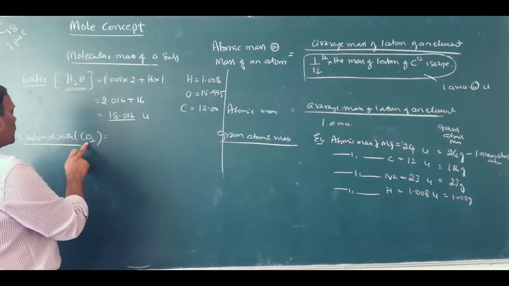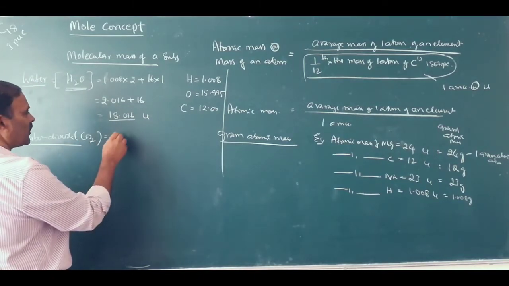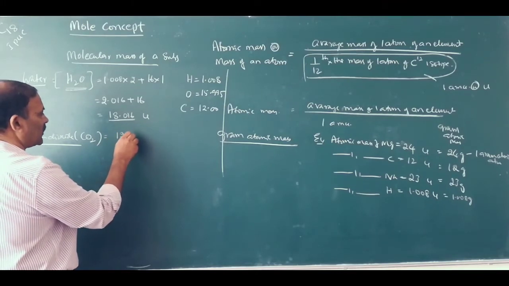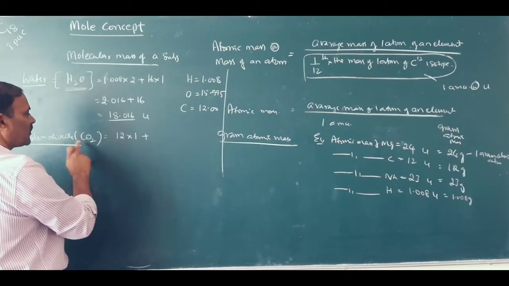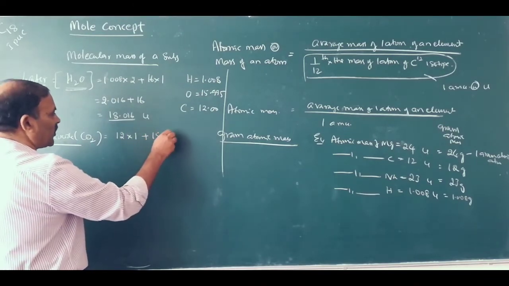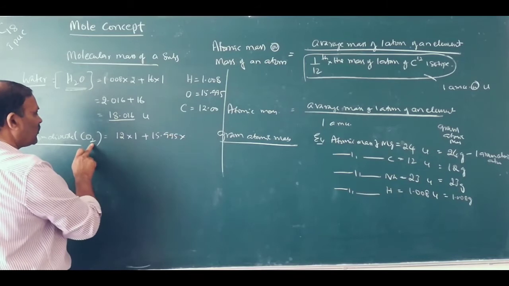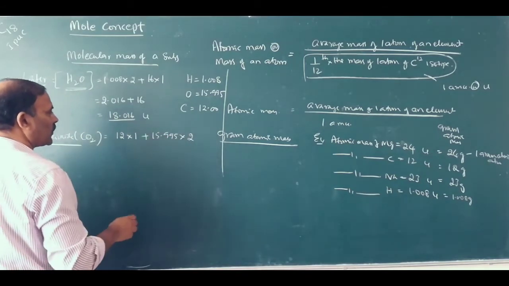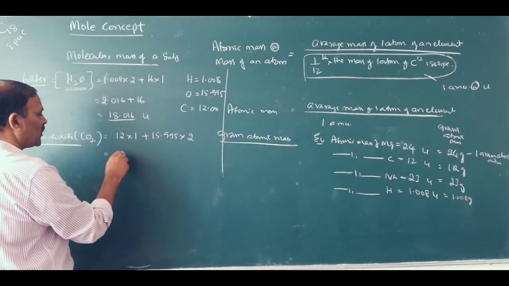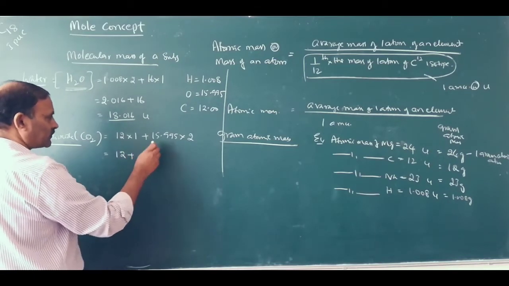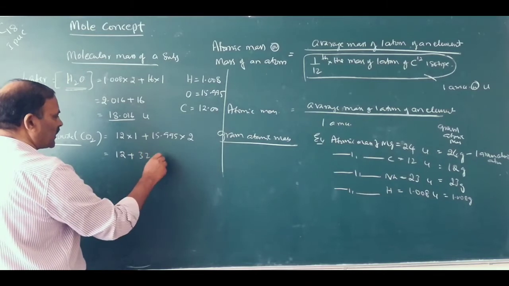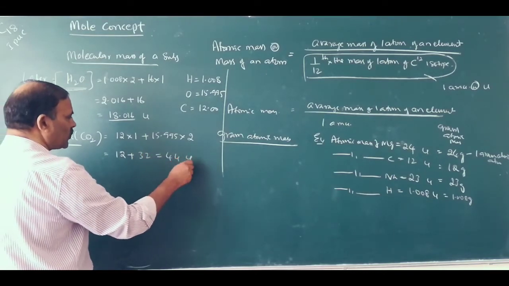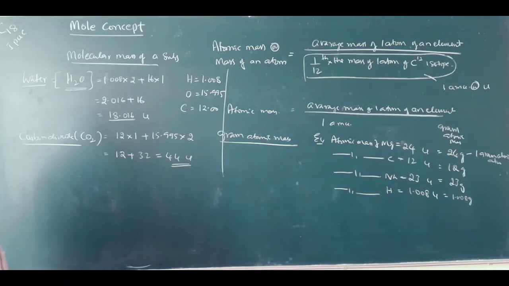Carbon atomic mass is 12 into number of carbon atoms 1, plus atomic mass of oxygen 15.995, around 16, into number of atoms 2. So this is 12 plus 16 into 2, 32, that is equal to 44 U. It is the molecular mass of carbon dioxide.